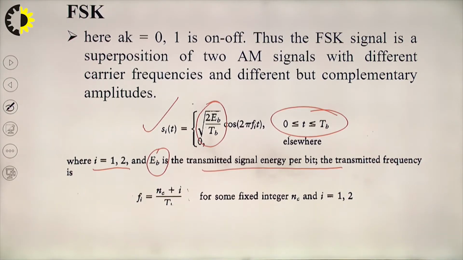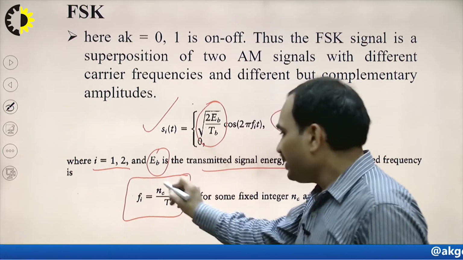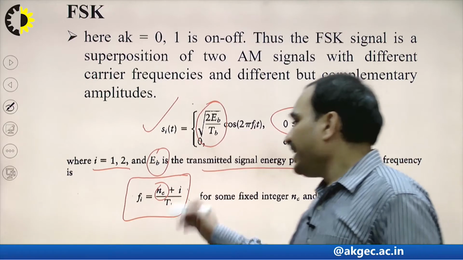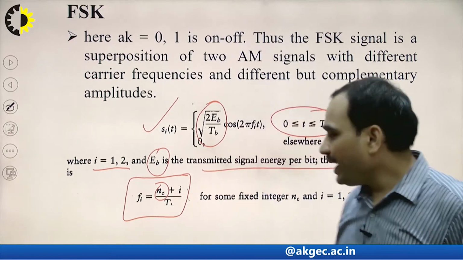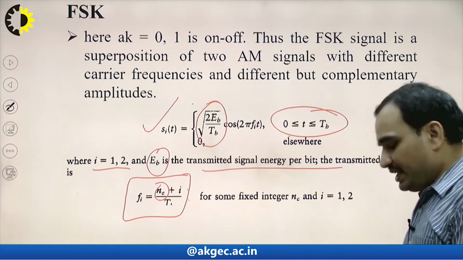The transmitted frequency is given by Fi, that is the carrier frequency Fc plus i by T, meaning the carrier frequency is shifted by i, an integer, divided by the time period T.